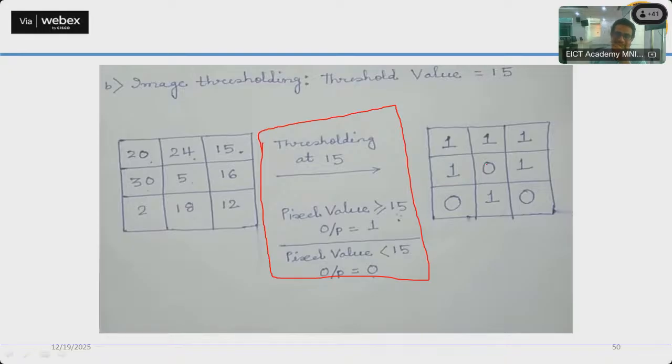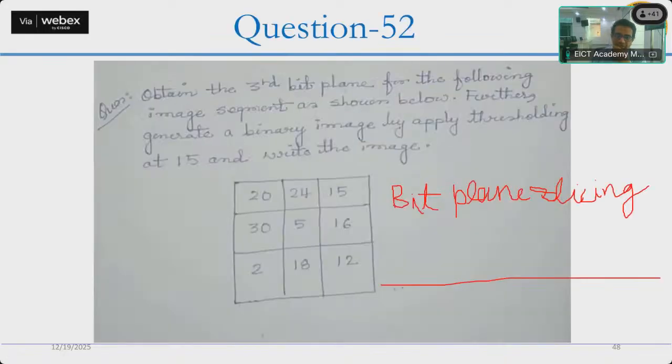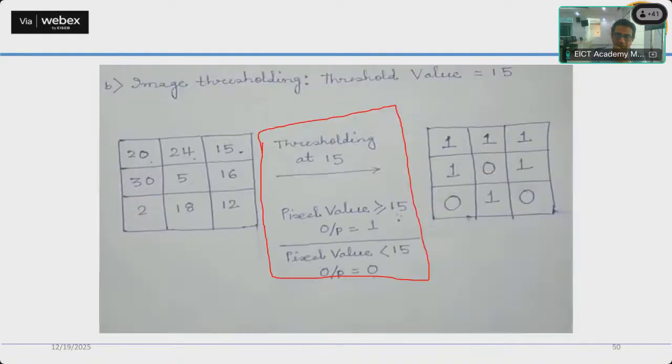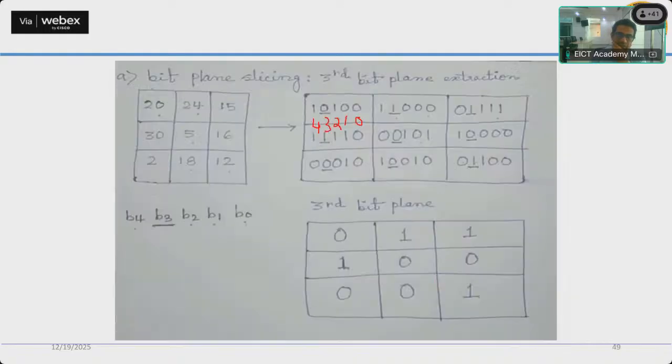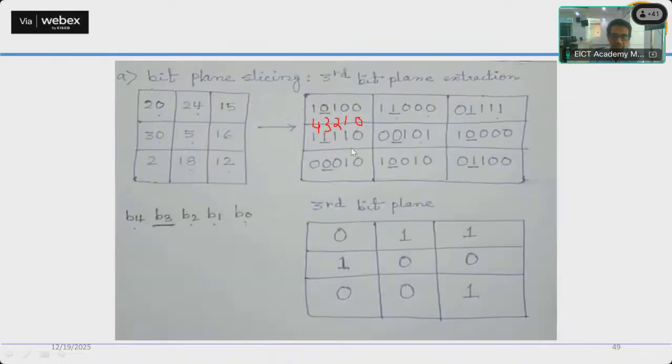Is it clear? Any difficulties, please acknowledge me. We are quickly going through the question. Is this B part clear? Image threshold: generate a binary image by applying thresholding at 15 and write the image. Can we move further?